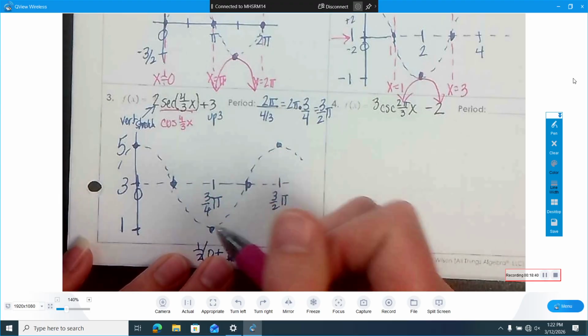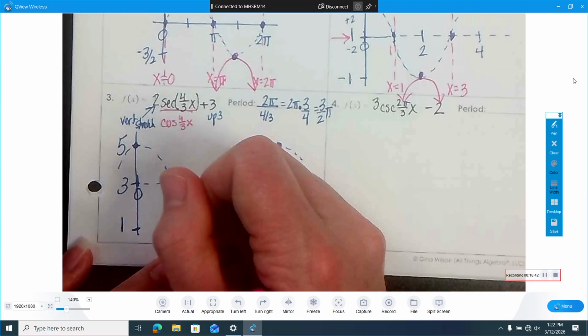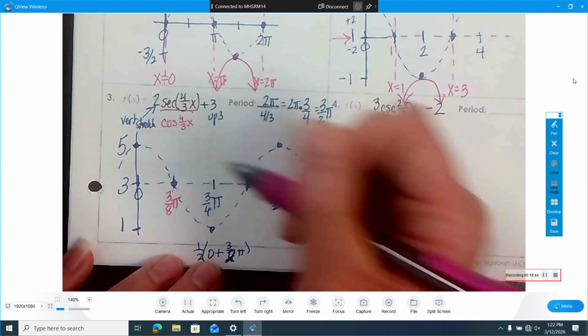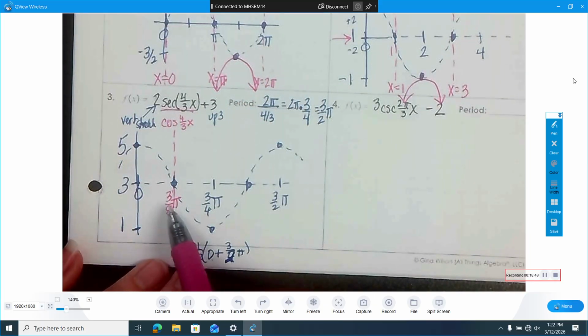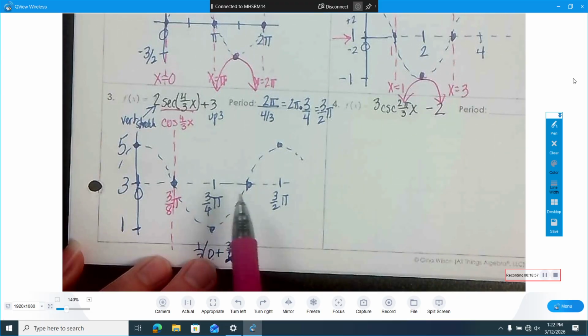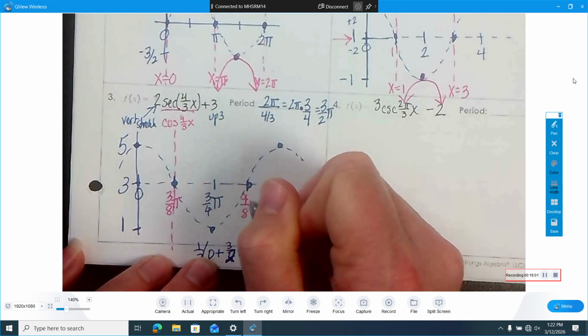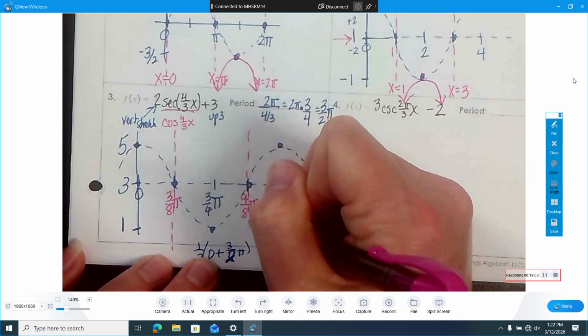What is this value? 3/8 pi. Very good. Yes. Halfway between 3/4 pi and 0, so half of that. This is 3/8 pi, 6/8 pi, 9/8 pi. Crazy, yeah, but there's the other one.